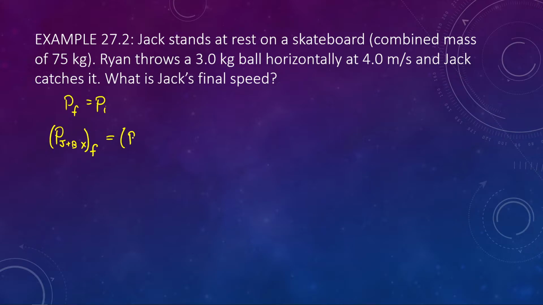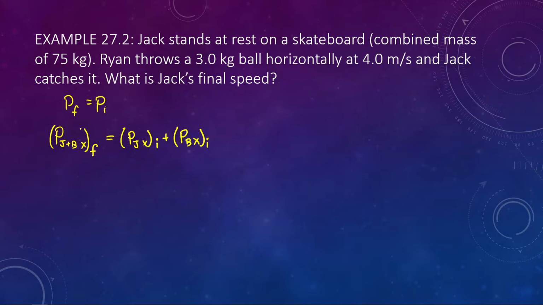The momentum of Jack in the x direction initially plus the momentum of the ball in the x direction initially. So this is a little bit different than what we saw in the last problem because they stayed as two distinct objects before and after the collision. But here, they combine into a single final term.